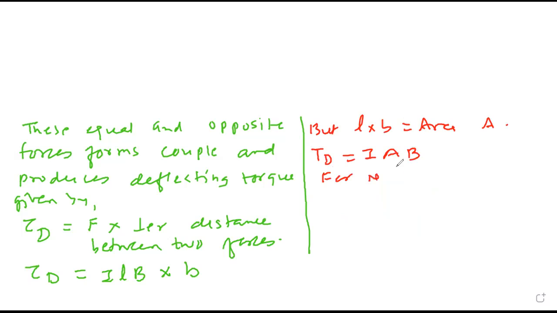For n turns of coil, deflecting torque will become NIAB.